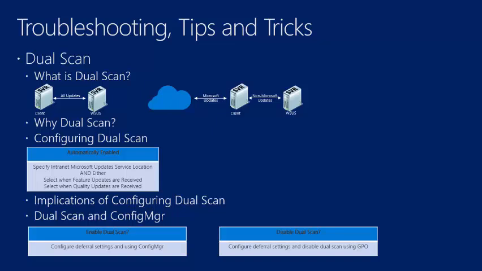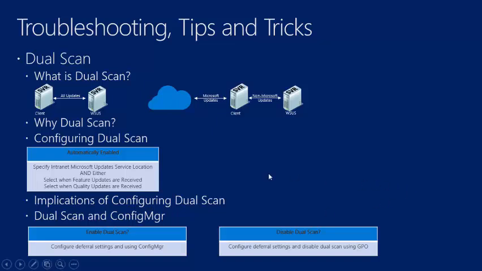So this is really important: if you are using Config Manager to implement your Windows Update for Business policies, you will be enabling dual scan. If you want to deploy your Windows Update for Business policies without enabling dual scan, then you need to do it by GPO today. That may change in the future, don't know, but as of 1706 of Config Manager, that's true, right?